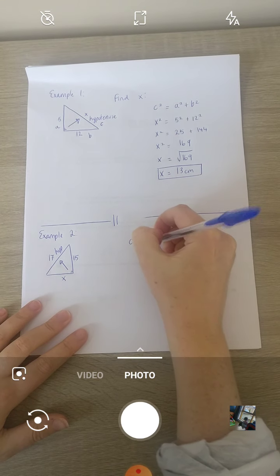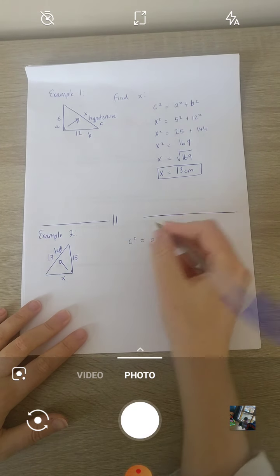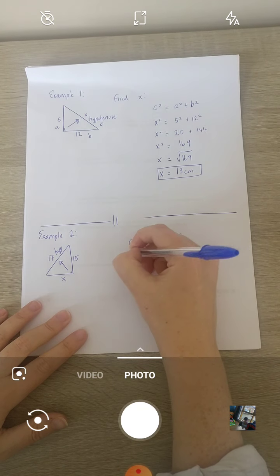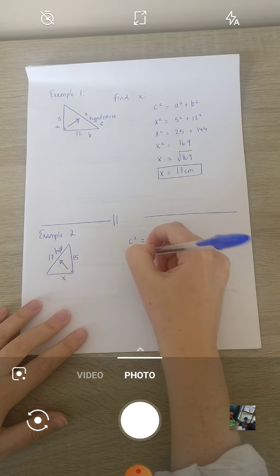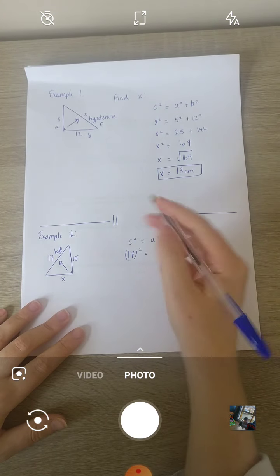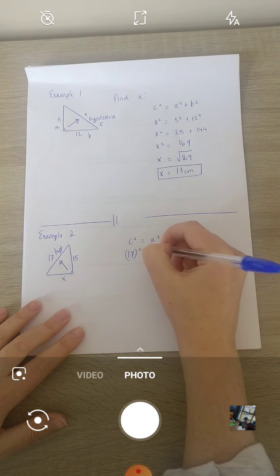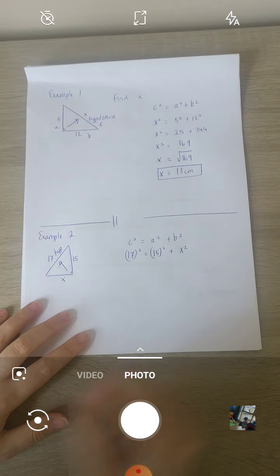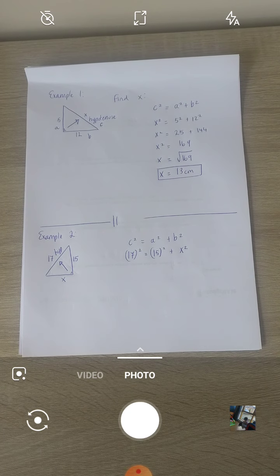Formula is c squared equals a squared plus b squared, and remember c is going to be the hypotenuse. So we've 17 squared on the left. Remember I said it didn't matter which one is a or b, so I'm going to sub in 15 for a, so 15 squared plus x squared, which is what we're trying to find here.